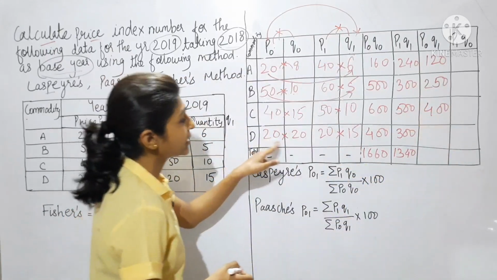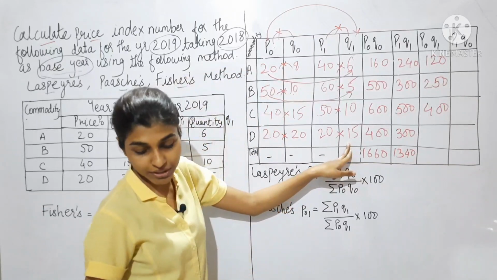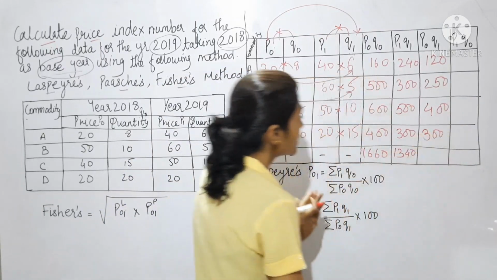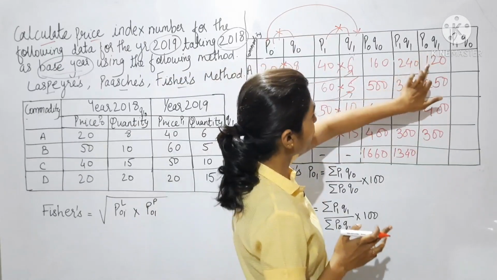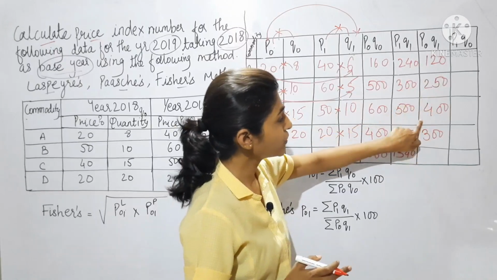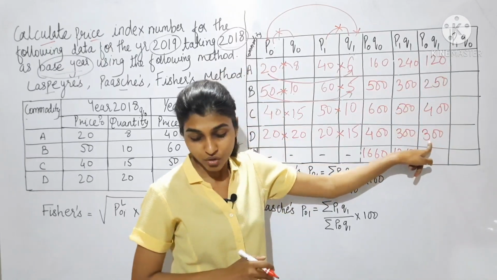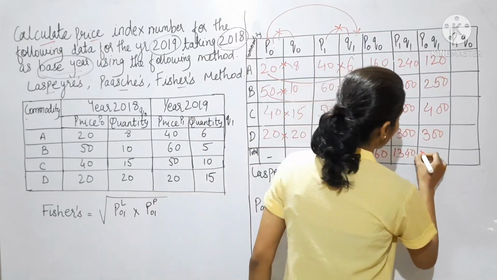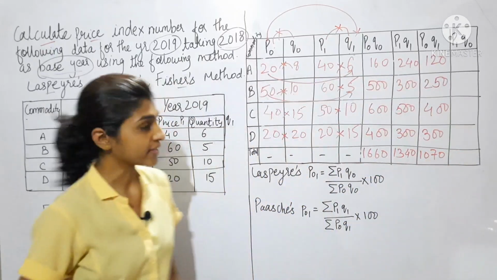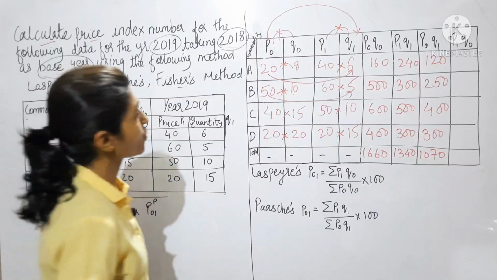Then next is 20 into 15, so the answer is 300. Now total the P0 Q1: 120, 250, 400, 300. So the answer you get is 1070.